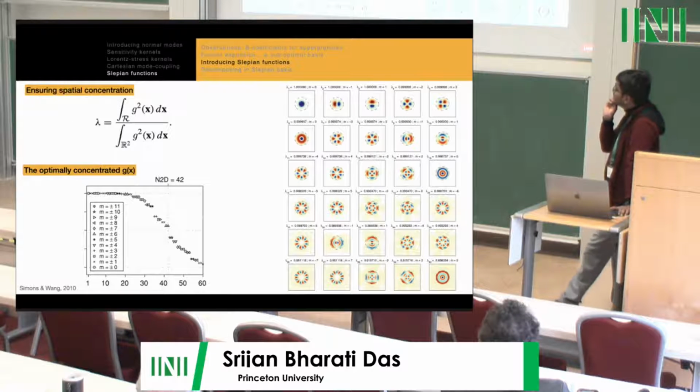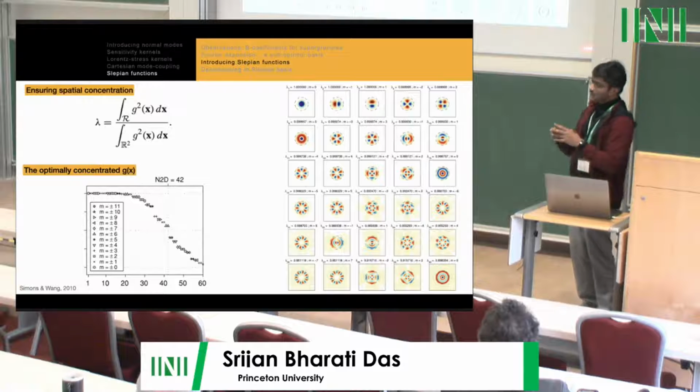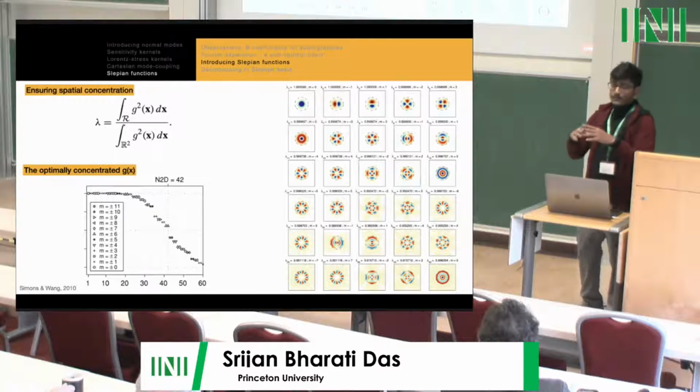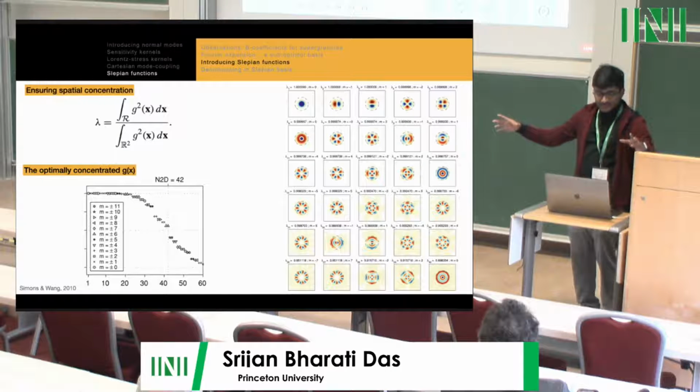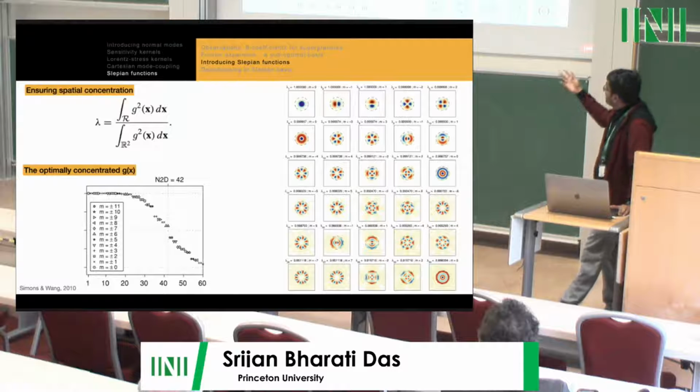So what we do here is that we build this ratio: we say, what is this function that is optimally concentrated within the region R in the physical space, and we divide that by the energy over the entire R2 space. And you find the stationary points of that, and you end up with an eigenvalue problem, which gives you all these numerically defined eigenfunctions.